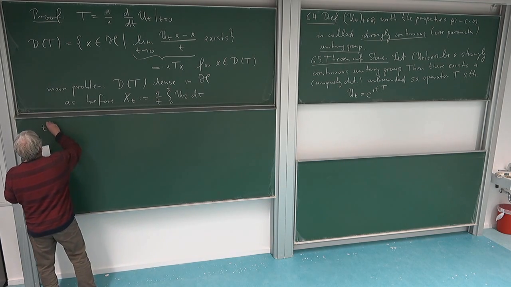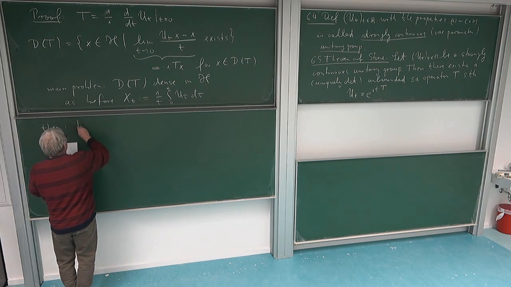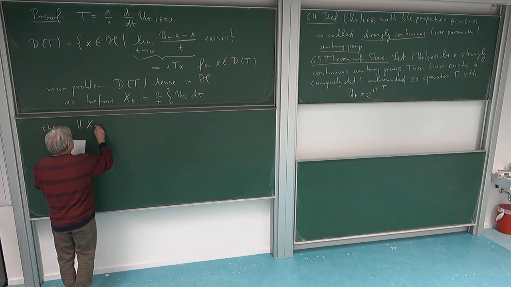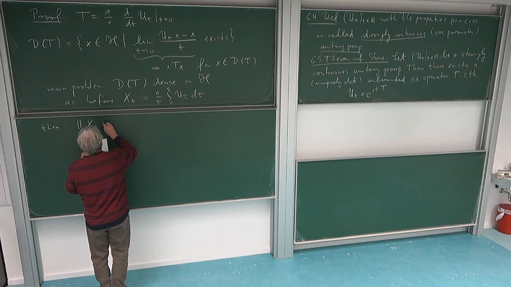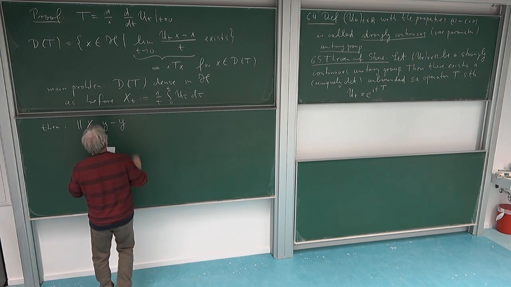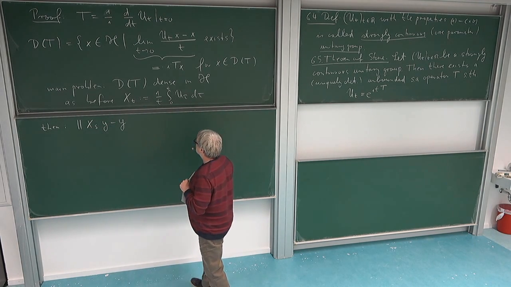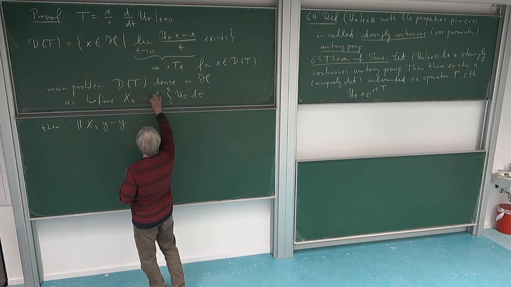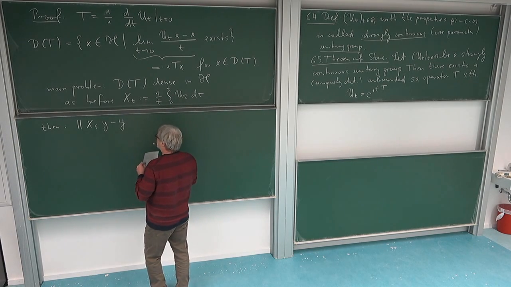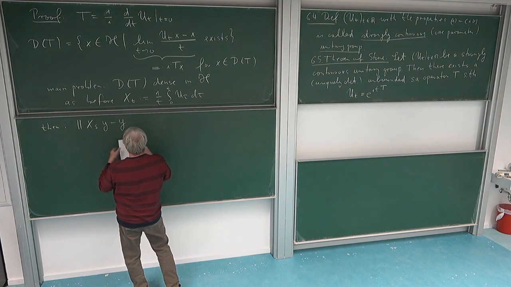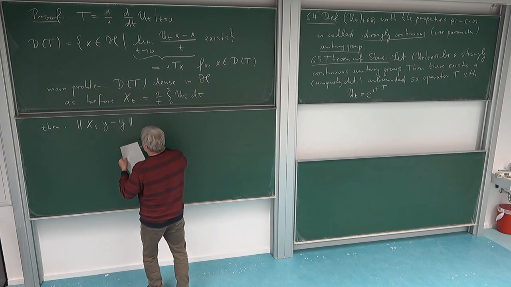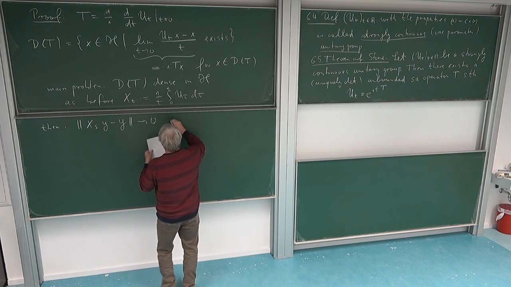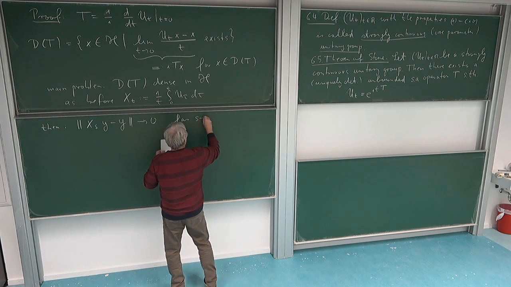So X_s x goes to x, in the sense that X_s x minus x goes to 0 if s goes to 0.